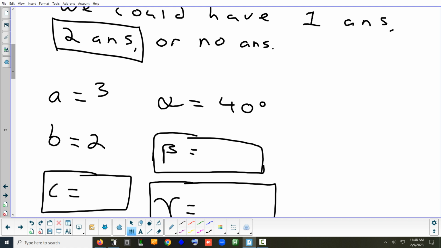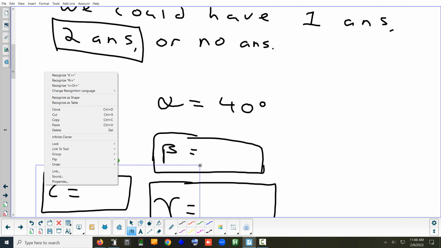So in this problem, you're finding c, beta, and gamma. You're either going to start to solve this, and it's going to work out just like the last two, and you're going to get one answer for beta, one answer for gamma, one answer for c. Or you're going to realize there's two answers for beta, two answers for gamma, and two answers for c.